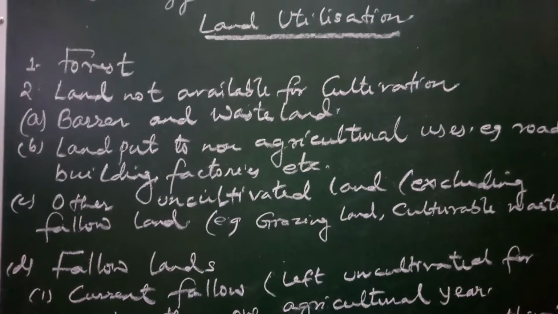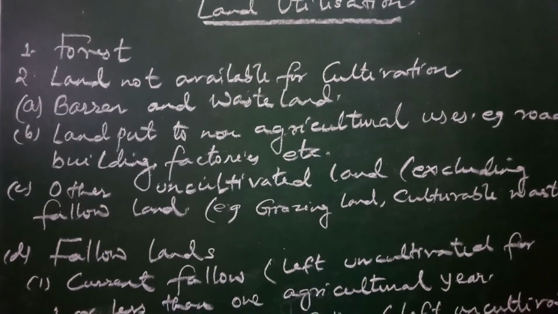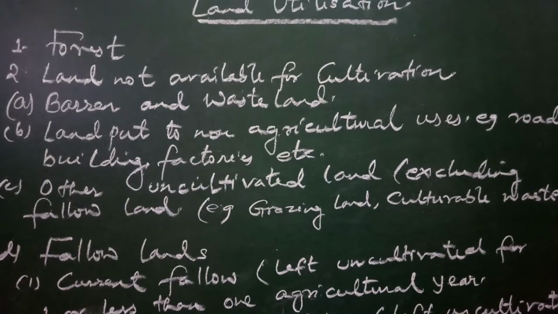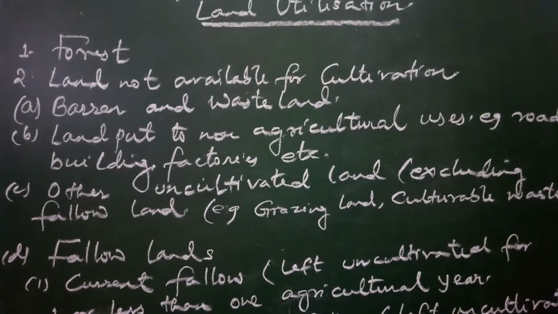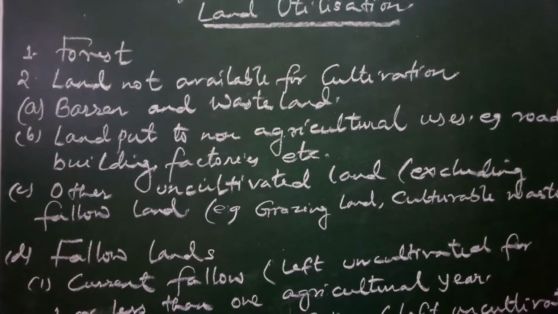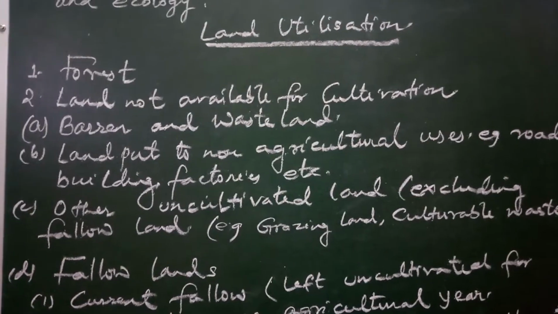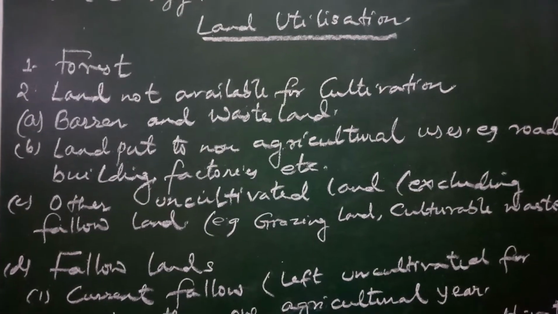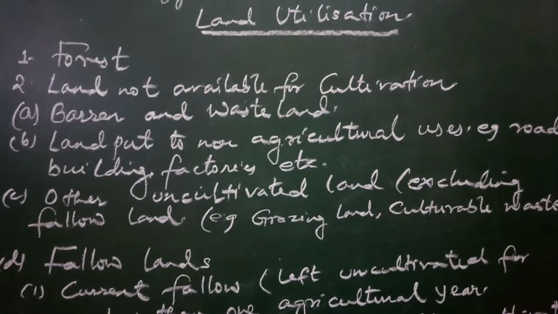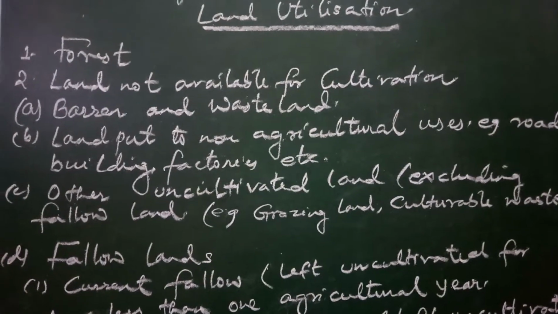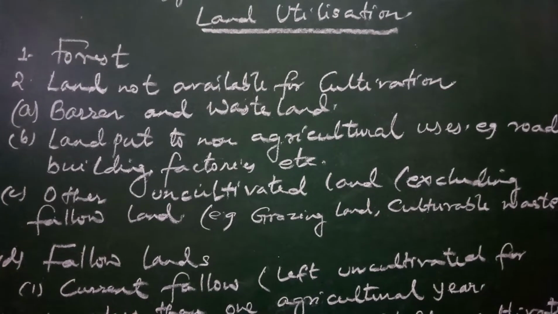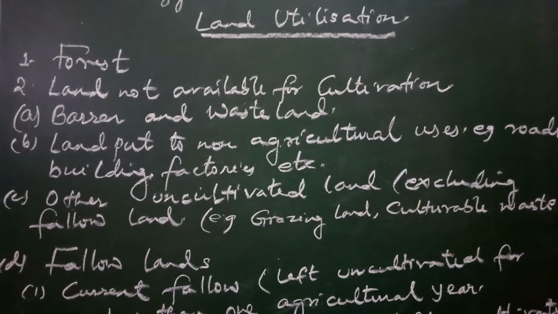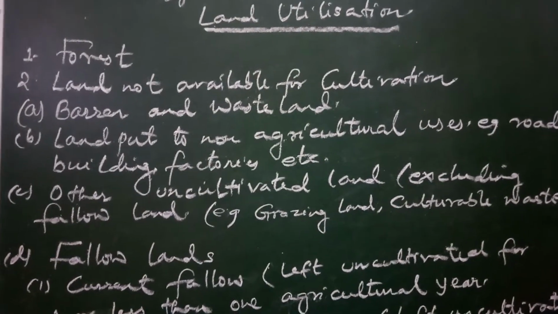What are the various uses for land utilization? Land can be put to use in the following ways, or land resources are used for the following purposes. The first is the forest. Second, land not available for cultivation.